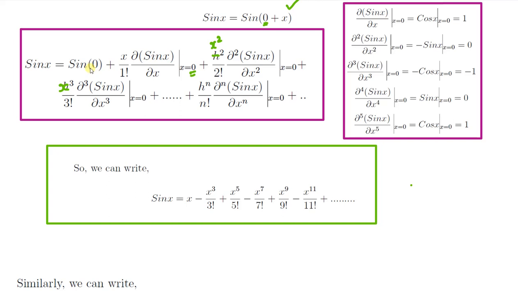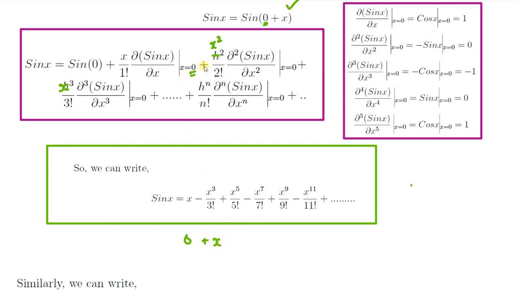We know sin 0 is equal to 0. So first term is 0. Then second term is plus x by 1 factorial into dou by dou x of sin x at x is equal to 0. This quantity becomes equal to 1. So this is x by 1 factorial, that is simply x.